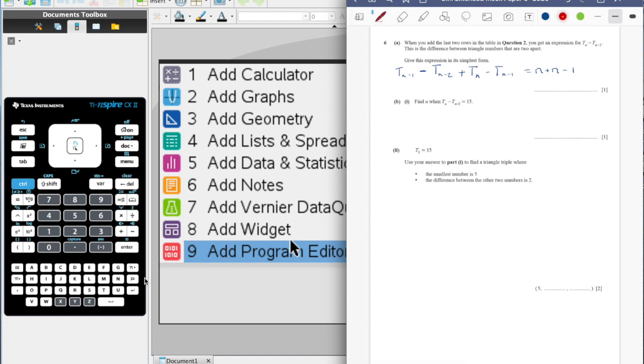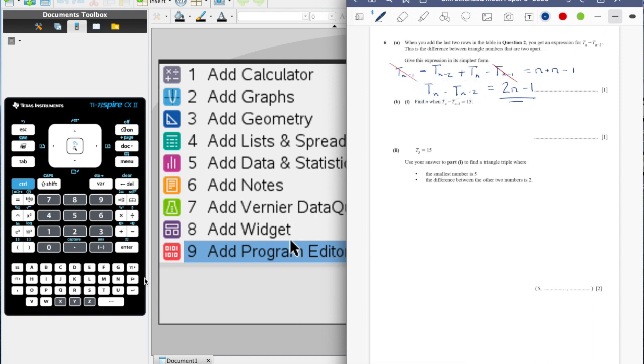Well, I've got a Tn minus 1, which is going to cancel with that subtraction of Tn minus 1. And I'm left with this left-hand side being Tn minus 2. And that equals 2n minus 1. So that's my answer here. And it's nice just to check that this left hand side here is the same as what we were expecting, and it is. So that's quite reassuring that that's worked for me.